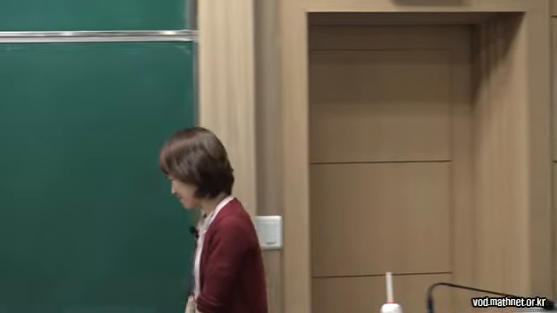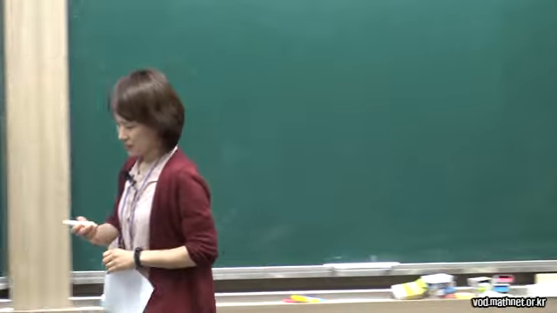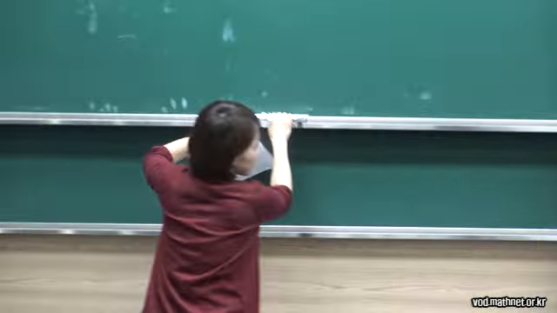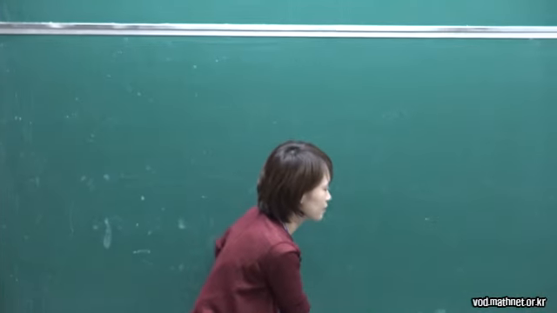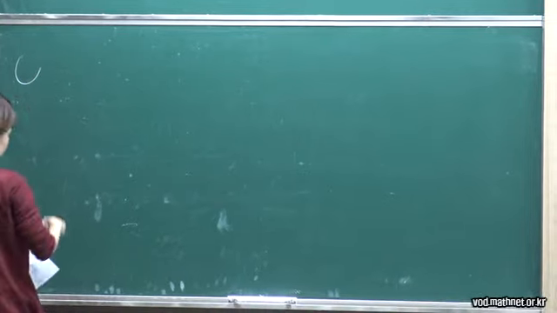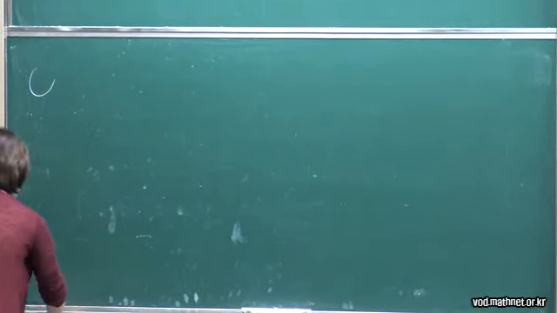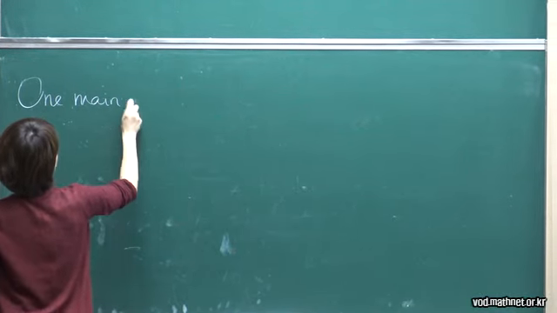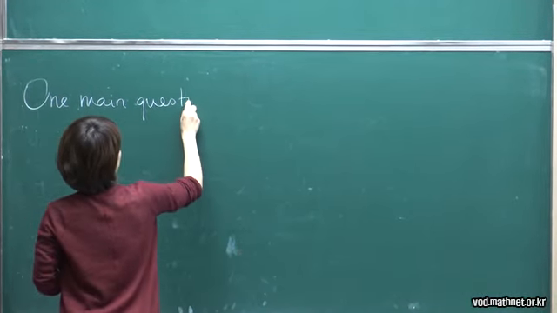Okay, so today I'd like to talk about a problem that is motivated by Diophantine approximation. So let me start with geometry of numbers. In geometry of numbers, one of the main questions is the following.